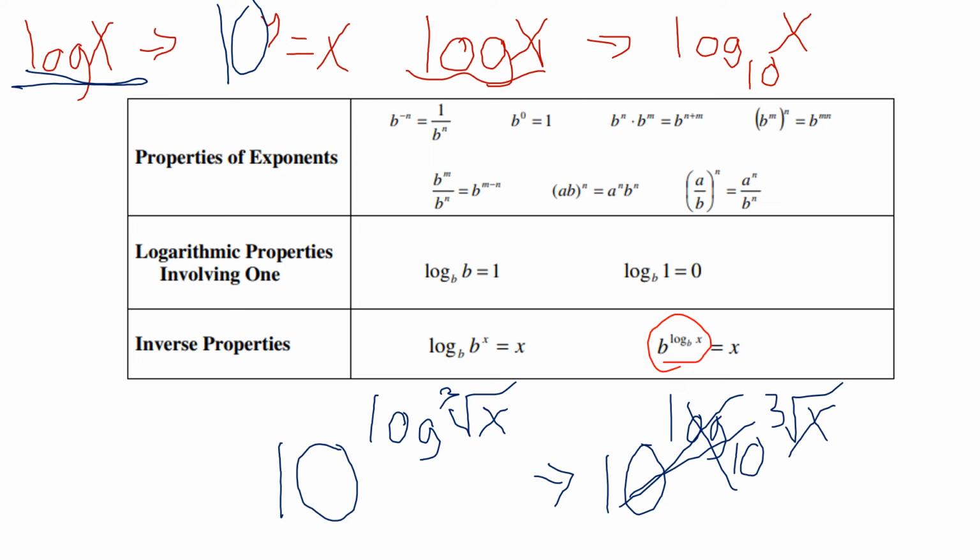That cancels out, and that is just the third root of x, and that's it. That's all you have to do for the inverse properties. And that's essentially all you have to worry about in terms of those things. All right? So let's do one involving 1, and then let's solve some equations. I'm going to leave this information on the board so we can keep going.